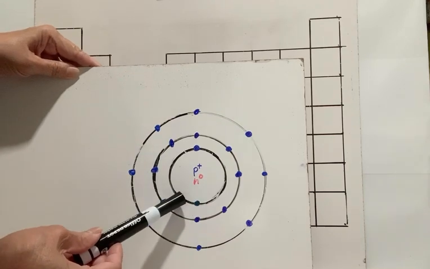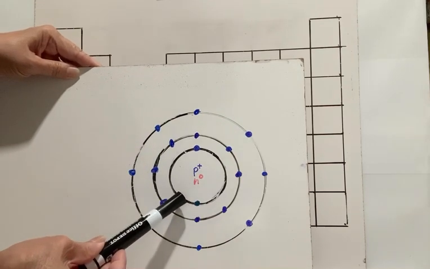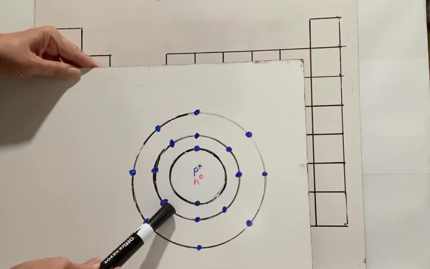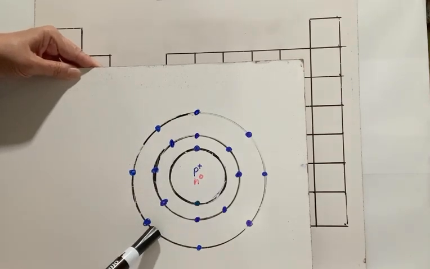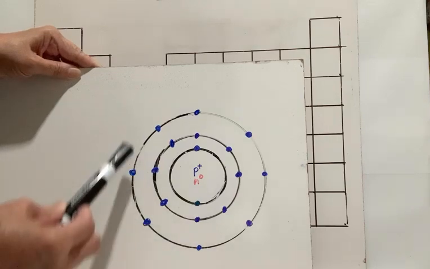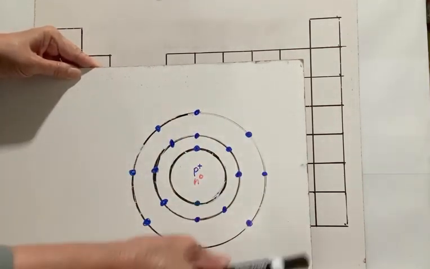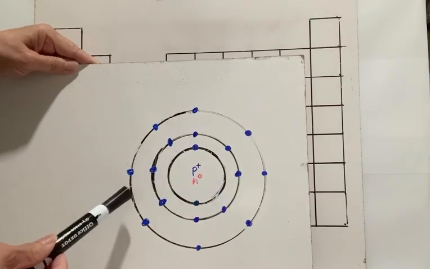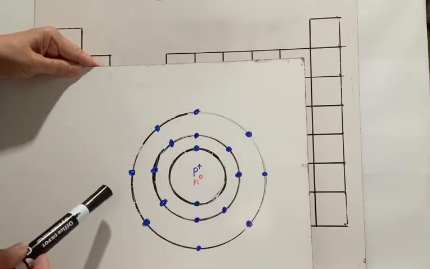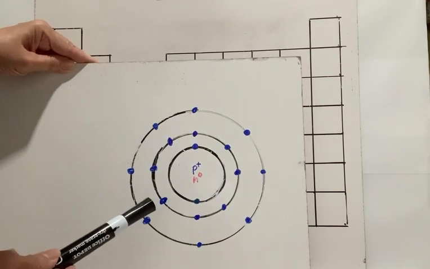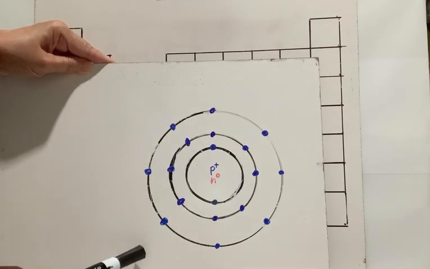This one, closest to the nucleus, is the first energy level, followed by the second energy level, and the third energy level, and then we can still have the fourth energy level here, and the fifth, okay? But we will only limit to the third energy level to simplify our objective, how to determine the valence electrons.